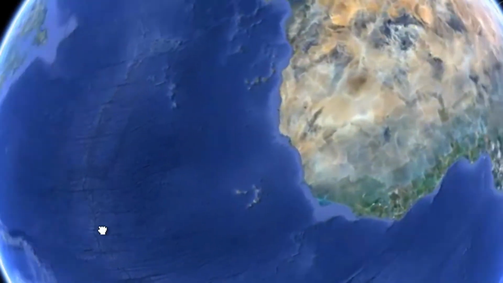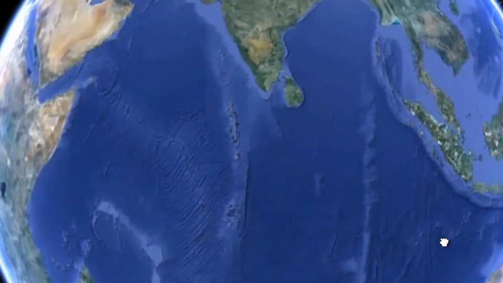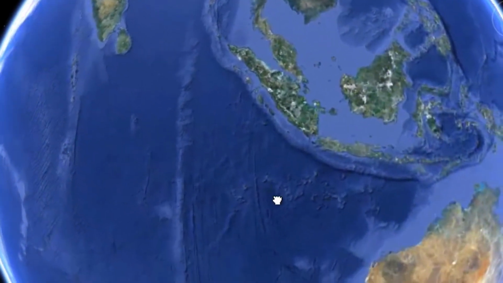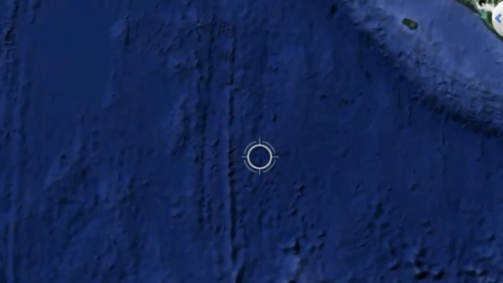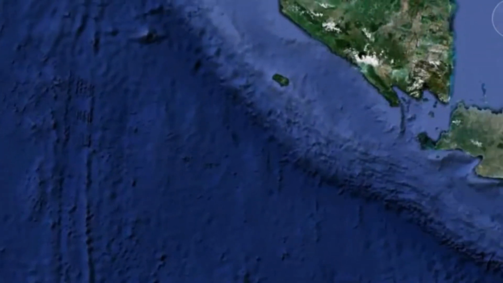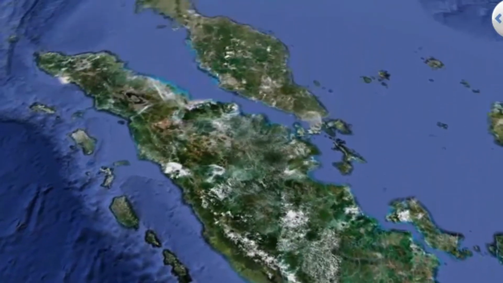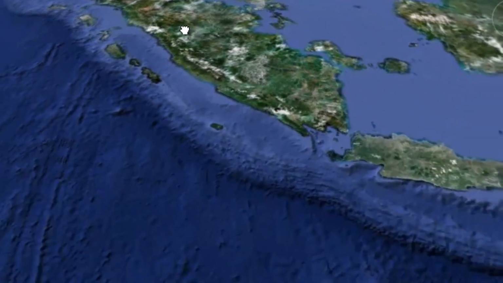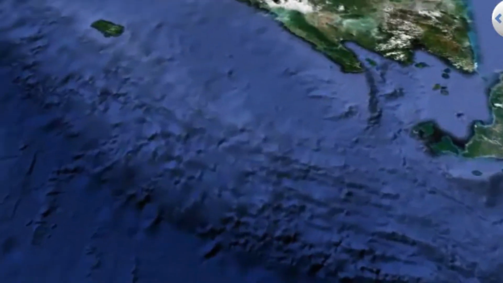Now let's review the Indian Ocean. What kind of margins dominate this ocean? As you can see, there is only one subduction zone over here by Indonesia. Let's look more closely at this trench with a Google Ocean flyby. Not only will this subduction cause large earthquakes like the one that caused the December 26, 2004 tsunami, but the islands above are all volcanic, and thus volcanic eruptions are a continual hazard for Indonesia.